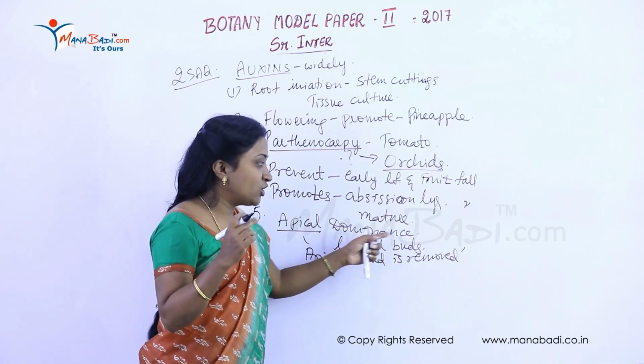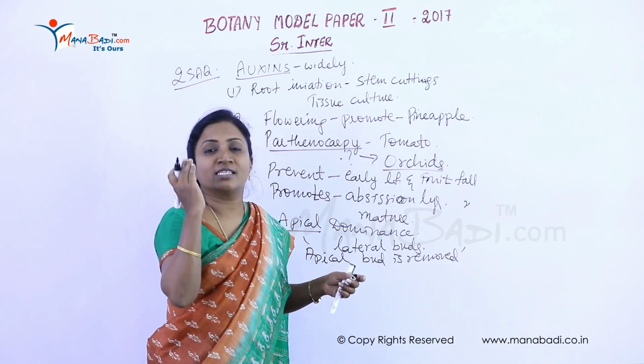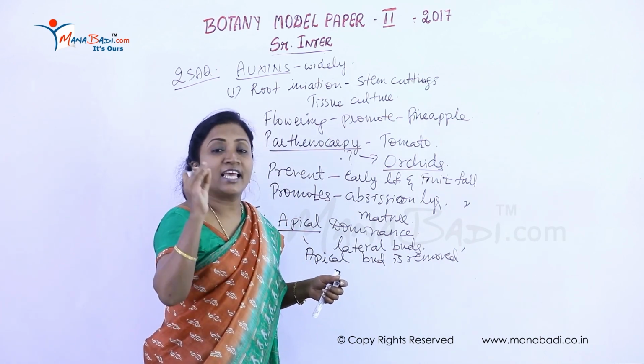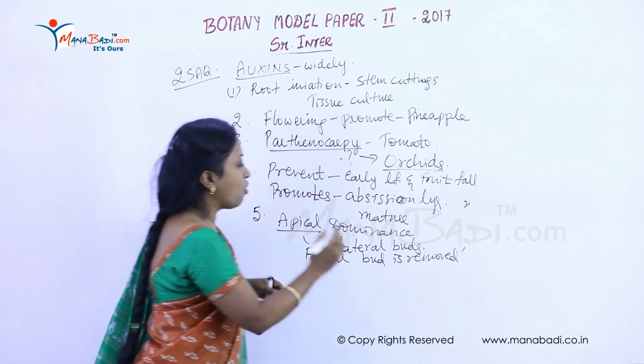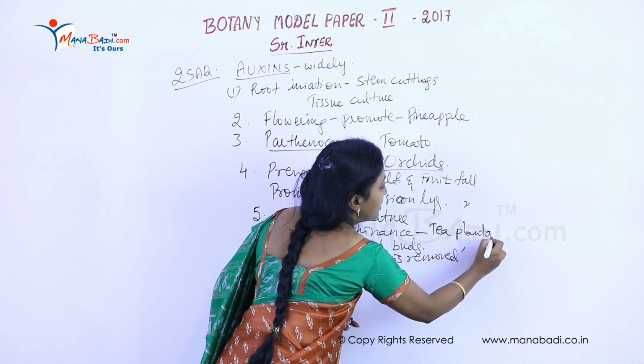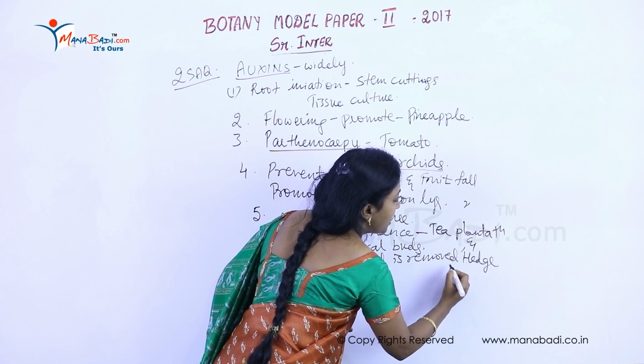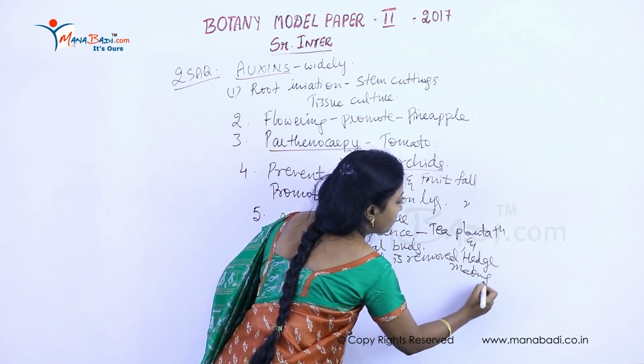And this apical dominance removal, or decapitation technique, is implemented in tea plantation as well as in hedge making.